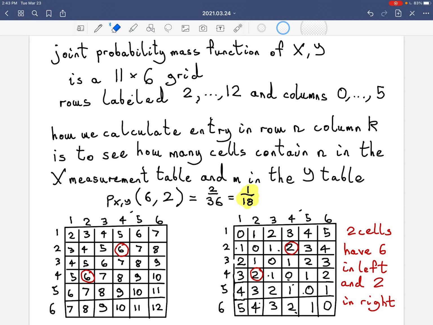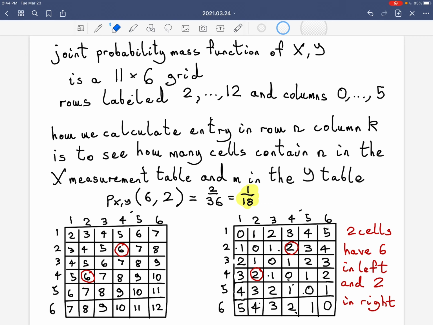So let's see an example of how I can go about doing that. So I have my two measurement function tables where the left one is for x and the right one is for y.